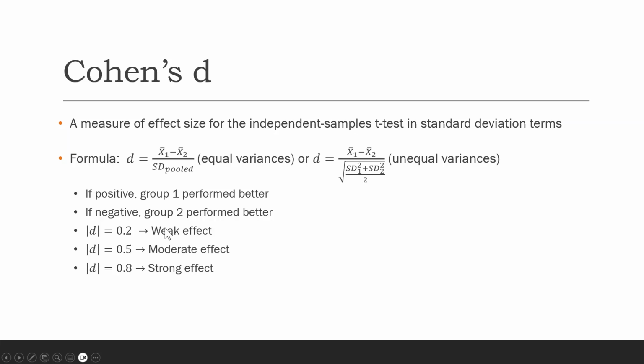And once I get to 0.8, I can call that effect strong. Anything greater than 0.8 is strong. If it's not 0.8, I'm not going to use the term strong. So if I get a 0.4, that's still a weak effect. It's getting toward moderate, but that's still considered a weak effect.